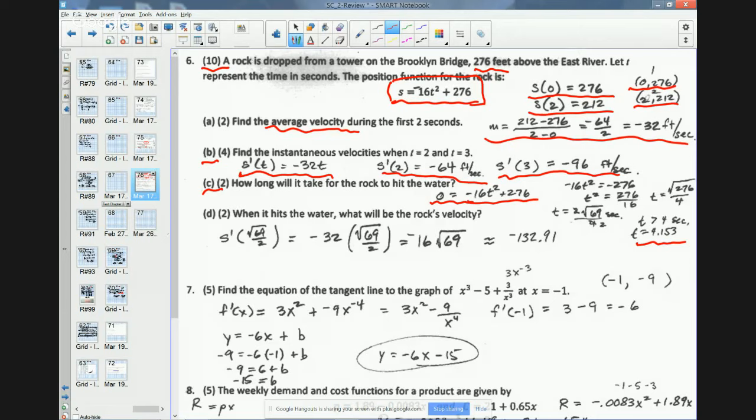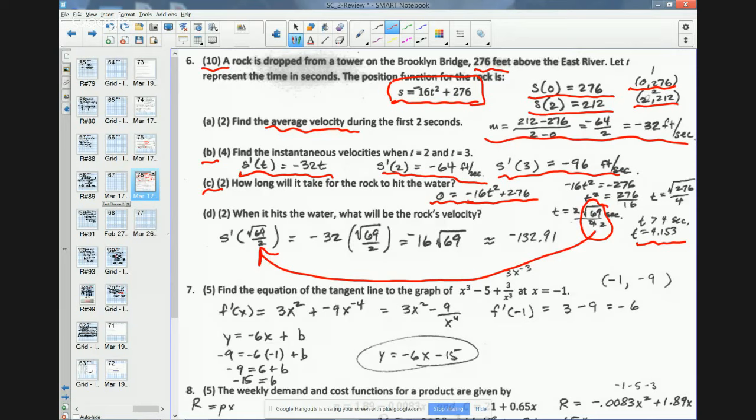Okay, so whatever that number is, here's the exact way to write it. Just over 4 seconds is the square root of 69 over 2. So that's why you'll see in the next line it says, when the rock hits the water, how fast is it going? I need the velocity, which is the first derivative, and I need it at the point of impact, which we just figured out in part C, square root of 69 over 2.